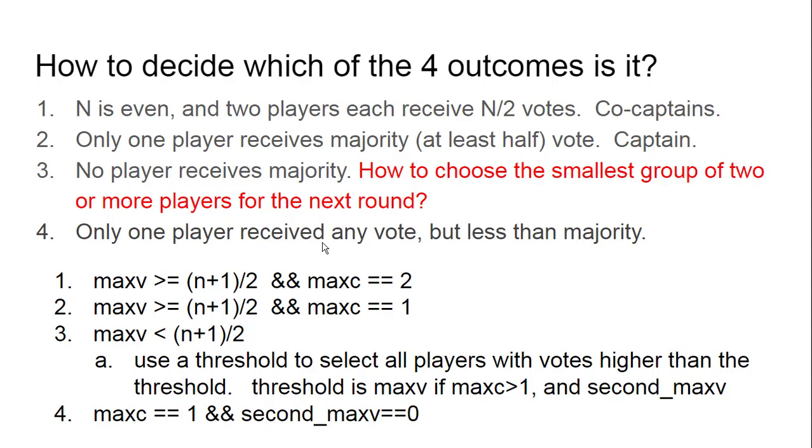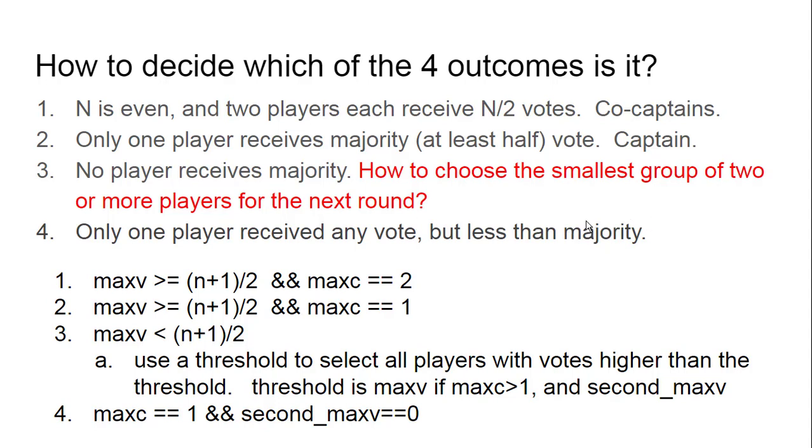Then case 3 will be the last case. We don't have a majority and we don't have case 4 being true, so we end up in this case. There are different ways of deciding how to choose the players to advance to the next round. My approach is to use a threshold and select all players with votes at or above the threshold.